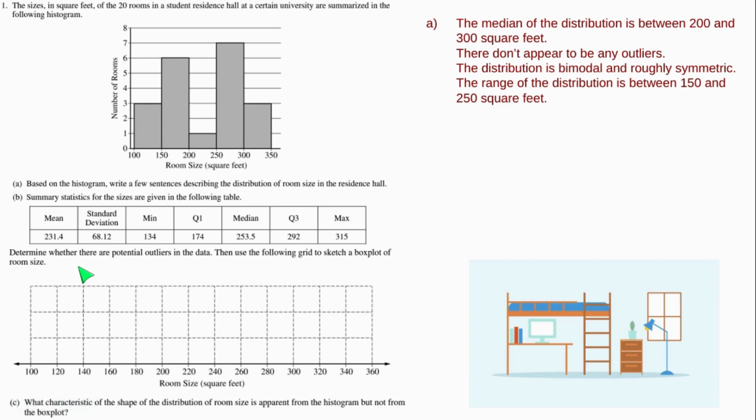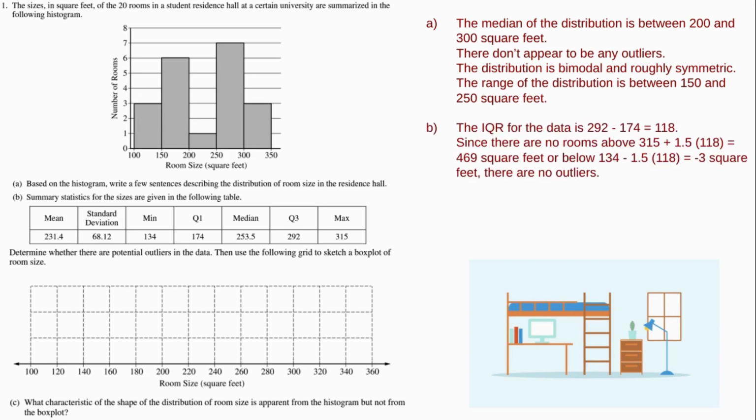All right, I'll assume we're ready to continue. Here comes part B. So the IQR, interquartile range for the data, is 292, that is Q3, minus 174, that's Q1, is 118. Now, we'll note that there are no rooms 315 plus 1.5 IQRs.